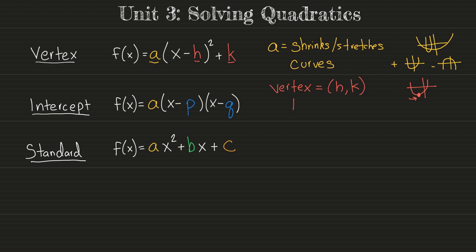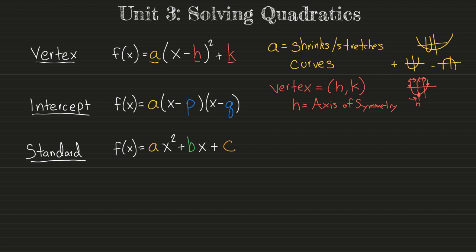We also talked about how h is also our axis of symmetry. And that is this dashed line that we can draw right down through the vertex. And what we notice is that the quadratic is actually mirrored along that axis. So any point that we have over here is directly mirrored over here. And that h helps us find the axis of symmetry.